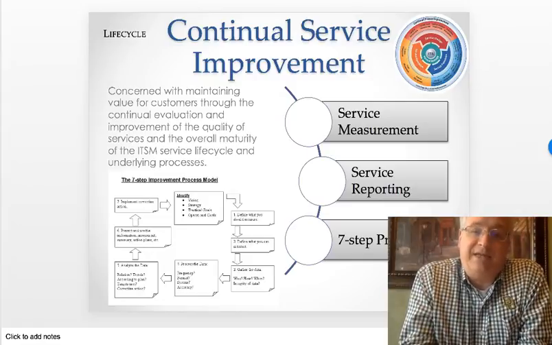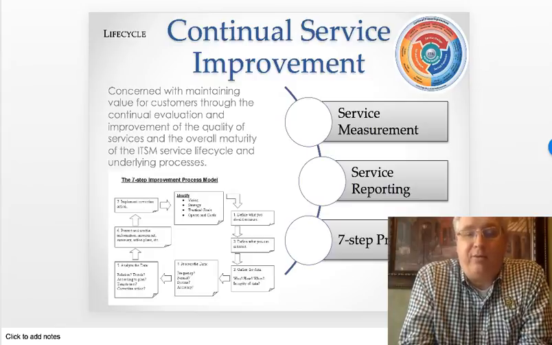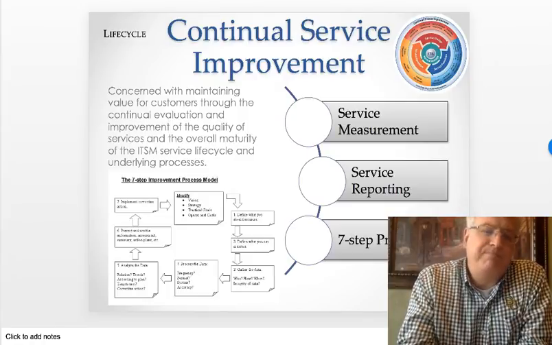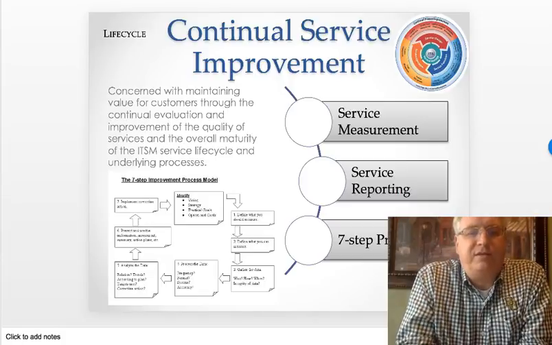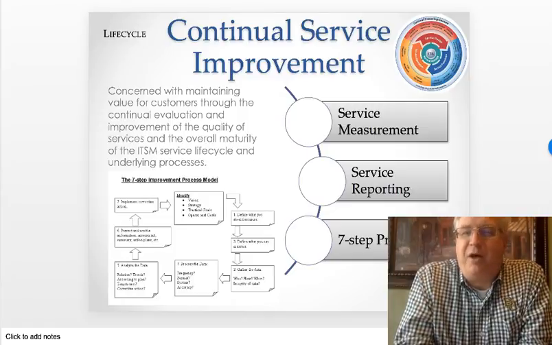That's the idea of you want to measure how well a service is performing and report out what you get out of that. Those are two key processes that you see there, service measurement and service reporting. I think I also have a slide here, I guess not, of the 7-step improvement process. It's kind of small here, but it is essentially a model you can find.